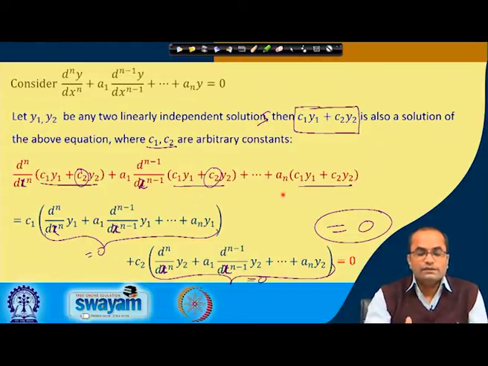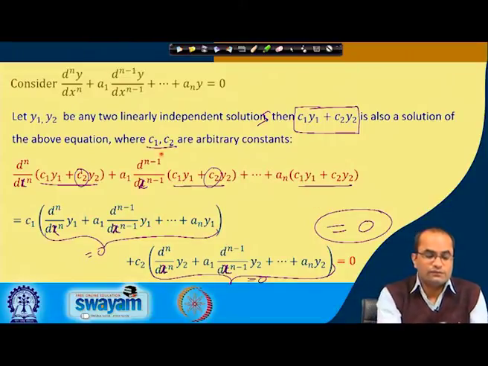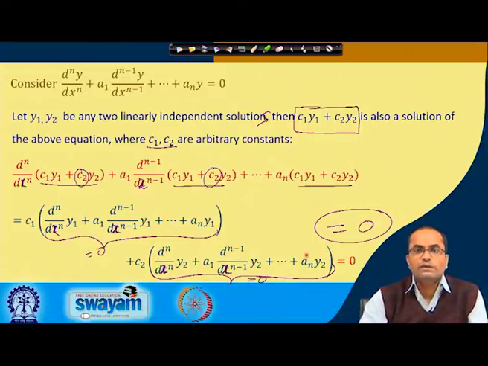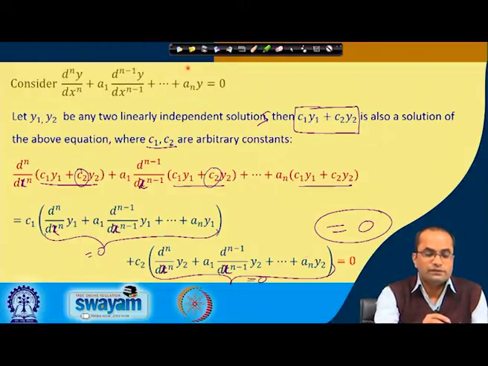Indeed, we can generalize this not only for two functions, we can take more functions, and with the same idea we can prove that when we have, for instance, y 1, y 2, y 3, up to y n linearly independent solutions, then their combination C 1 y 1 plus C 2 y 2 plus up to C n y n will also be a solution of the given differential equation.